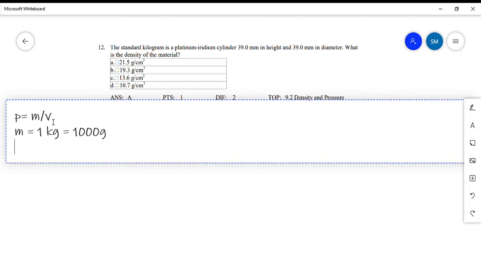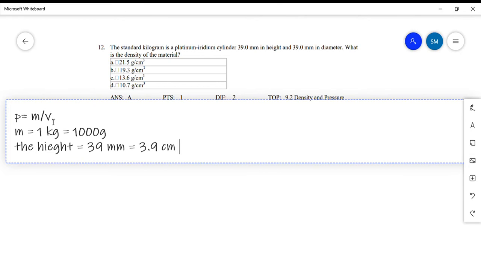The volume of a cylinder is very easy to calculate. First, we have to convert from millimeter to centimeter, as in the choices he didn't use millimeter, he used centimeter cubed. So the height is 39 millimeter, which is equal to 3.9 centimeter.